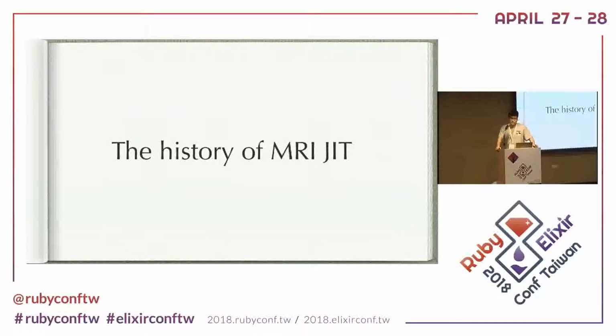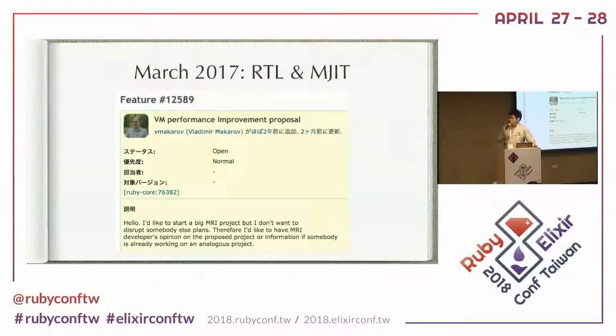This morning, Matz talked about the history of JIT a little. Here's a short history of it. The man is called Vladimir Makarov. I call him Brad. Brad invented the MJIT framework to implement a JIT compiler for C Ruby.